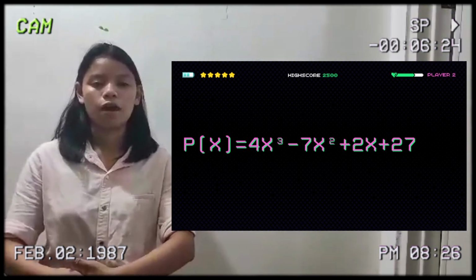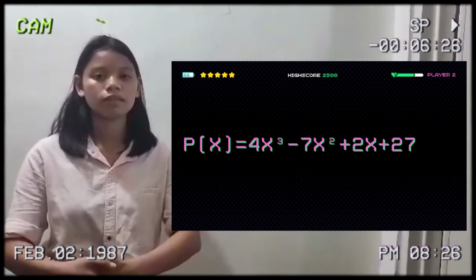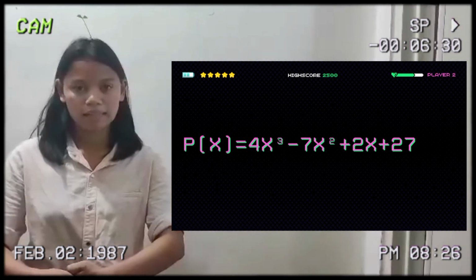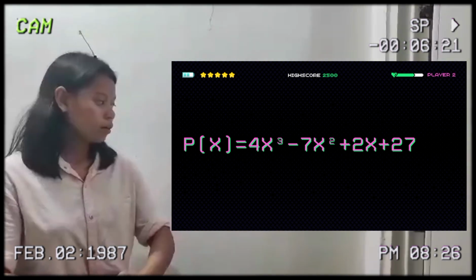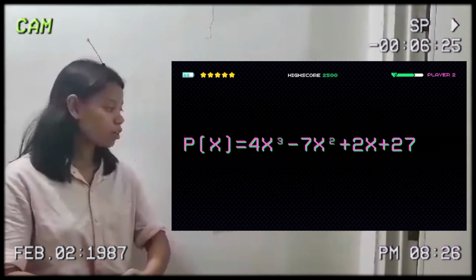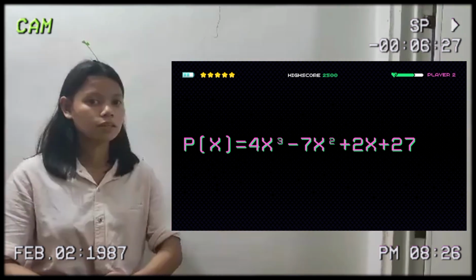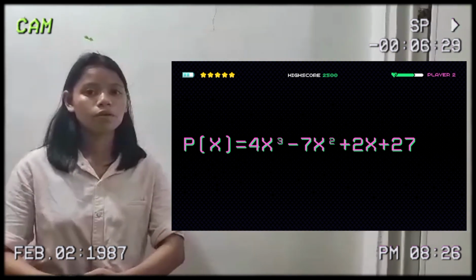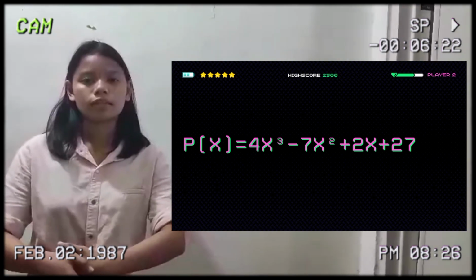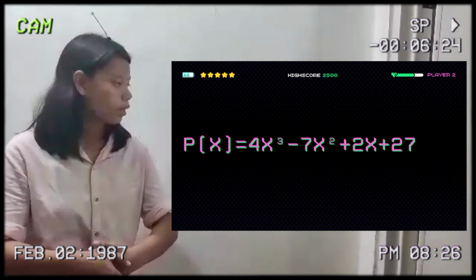Since we're trying to find p of x instead of p of x cubed, we need the function in x instead of x cubed. Notice that the exponent in our given function, 4x raised to the power of 9, can also be written as 3 times 3, or as x cubed raised to the power of 3.